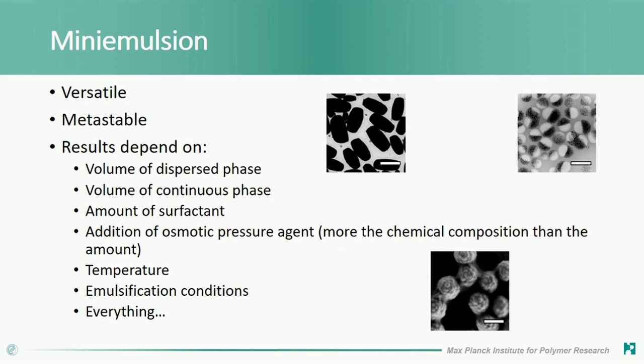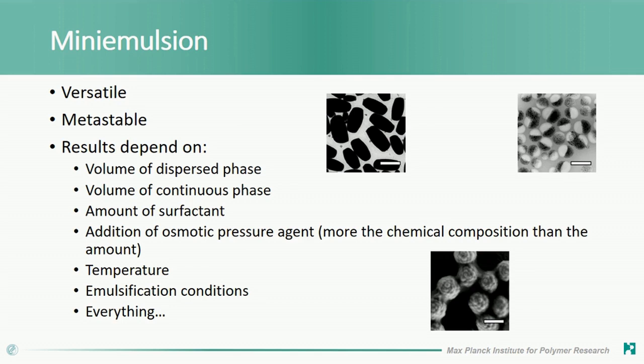It depends on the volume of the two phases that you use, on the surfactant that you use. If you change the monomer, it will also change the position of the equilibrium. If the temperature of the lab changes, that changes the position of the equilibrium. And the emulsification conditions are also super important. In fact, everything is important, and you should note everything because you will see problems of reproducibility at some point.